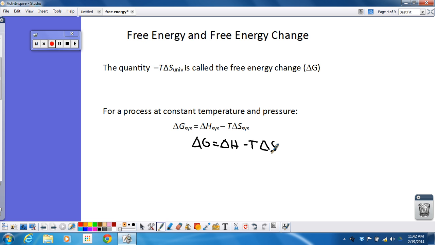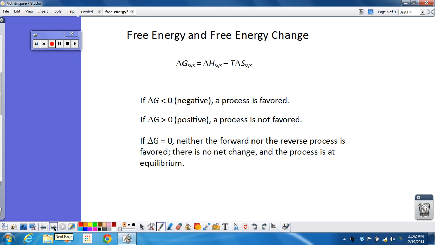Okay, so as it turns out, if I do this calculation and delta G is negative, the process is thermodynamically favored. That is not a prediction. So negative delta G means the process is thermodynamically favored. If delta G is greater than 0, so it's a positive number, the process is not thermodynamically favored.